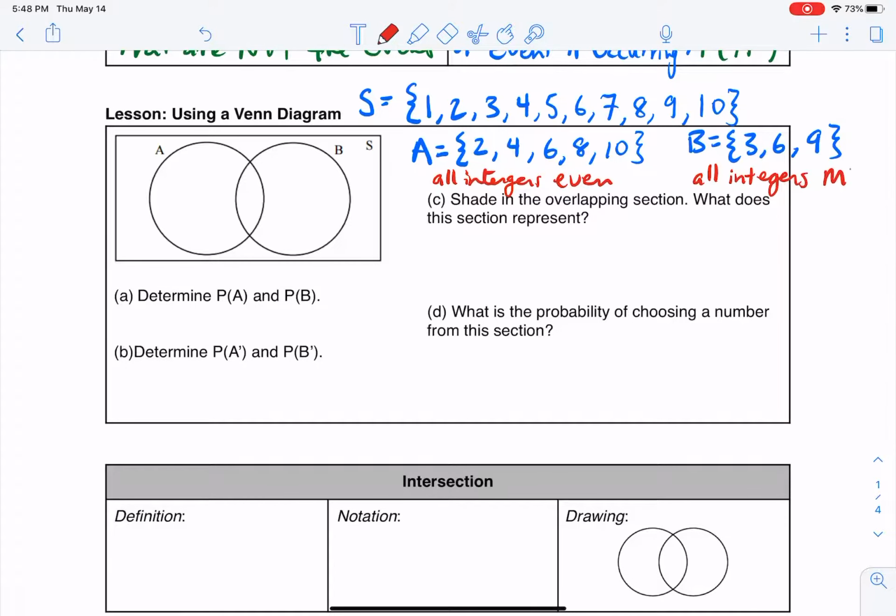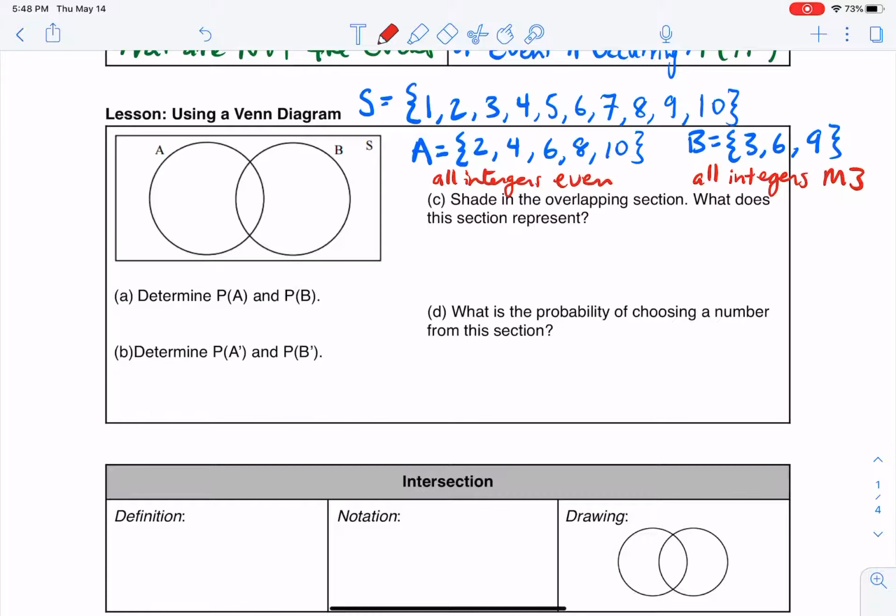I'll just write M3 for multiple of 3. So that's really defining what our set is. We're going to use a Venn diagram to describe what's happening in that sample space.